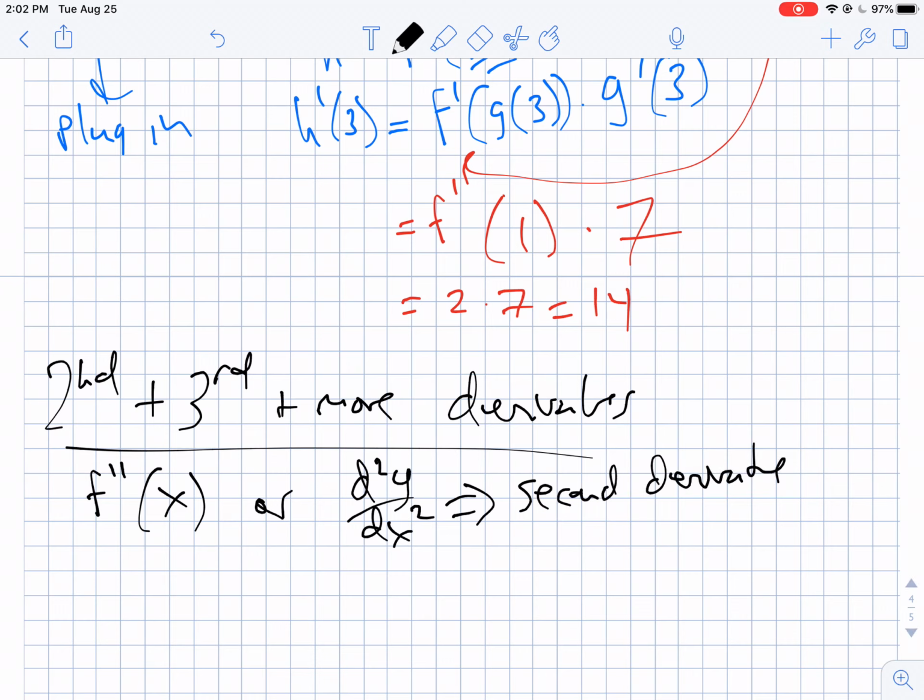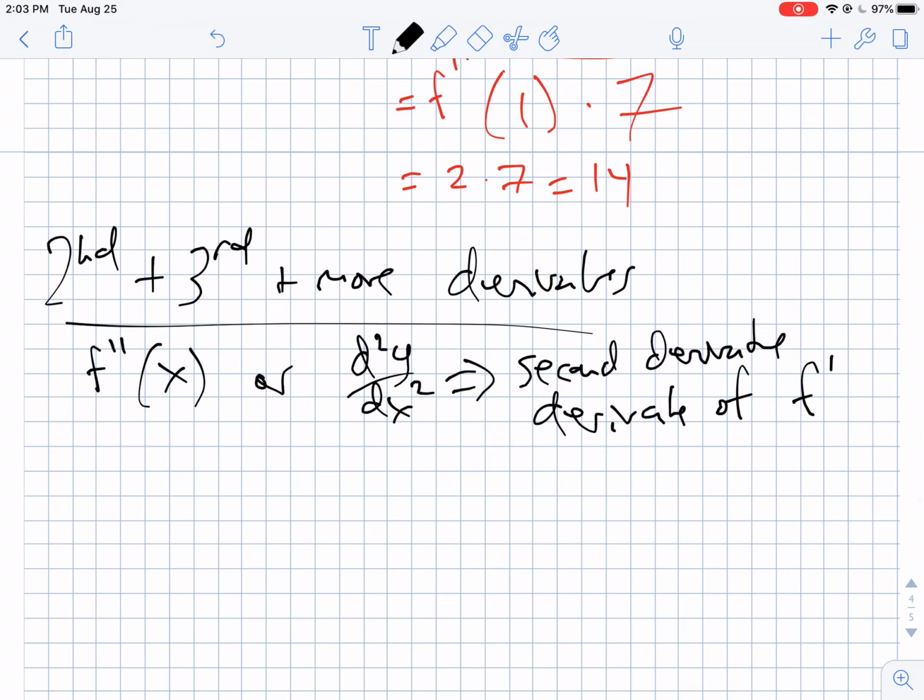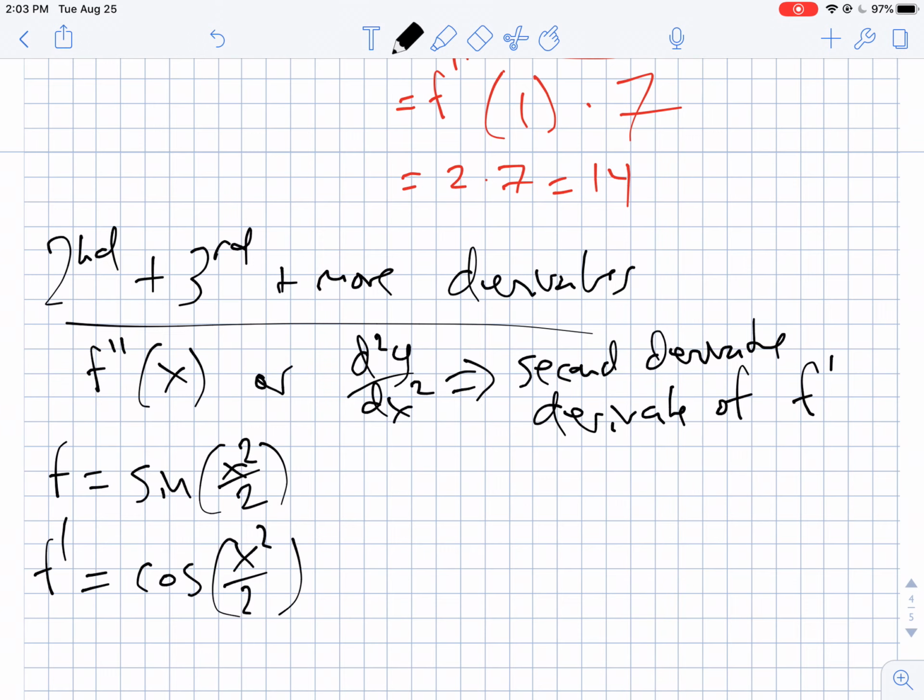And the second derivative is just the derivative of f prime. So it's the derivative of the derivative. For example, if I tell you f equals sine of x squared over 2, well, the derivative of sine is cosine, so that's cosine of x squared over 2 times the derivative of the inside, which is times x.